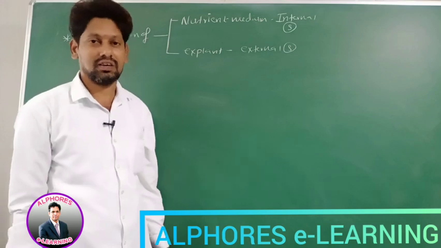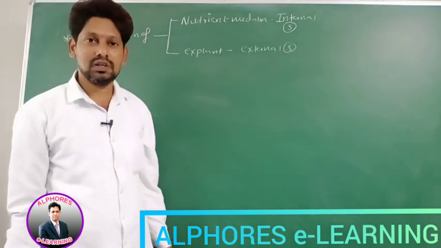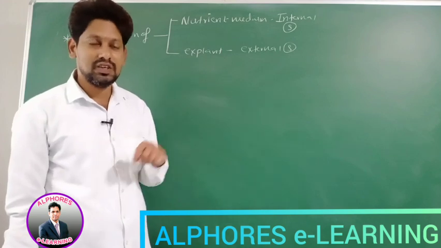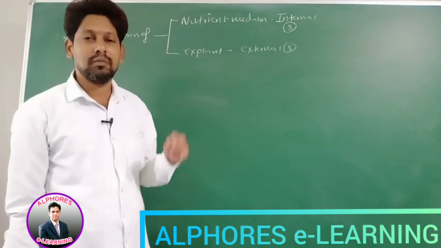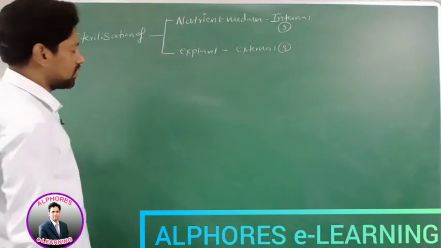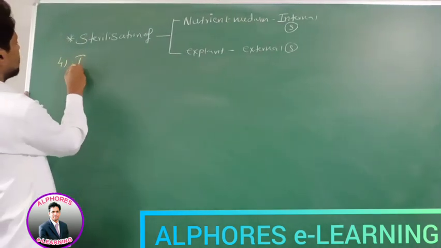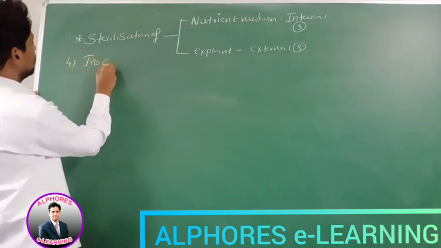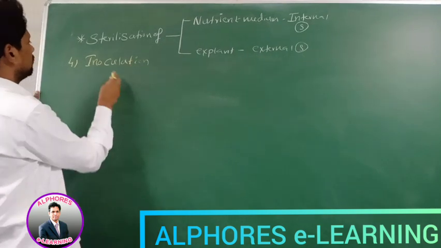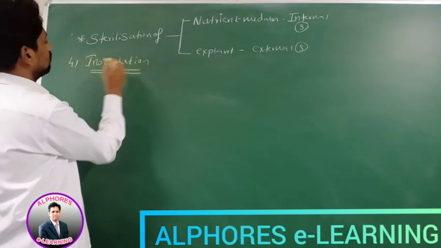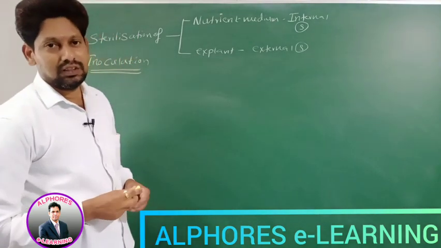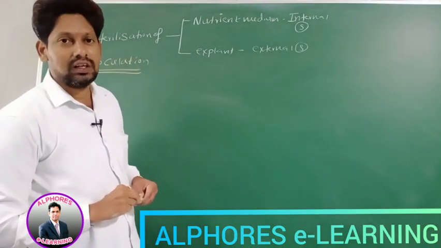Is it okay? We are discussing the steps involved in tissue culture. We completed preparation of nutrient medium, sterilization of nutrient medium, and preparation of explant. Now go for the fourth step: inoculation. What is the meaning of inoculation?